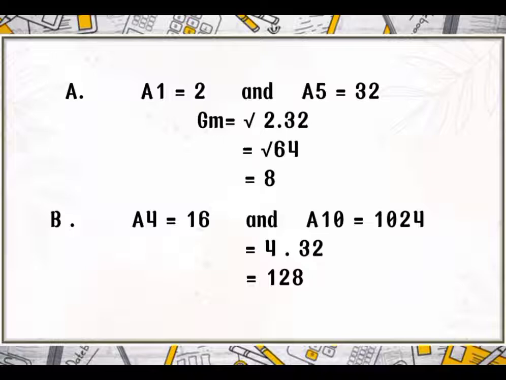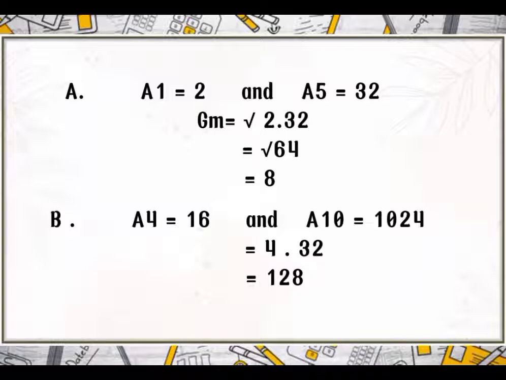Apply natin yung formula or magmumultiply lang tayo ng common ratio. So, ang common ratio is 2. That is 2, 4, 8, 16, 32. Then 32 times 2 is equals to 64. 64 times 2 is equals to 128.